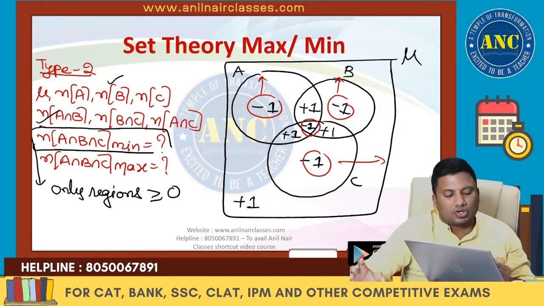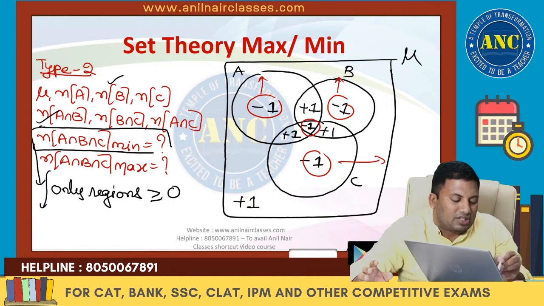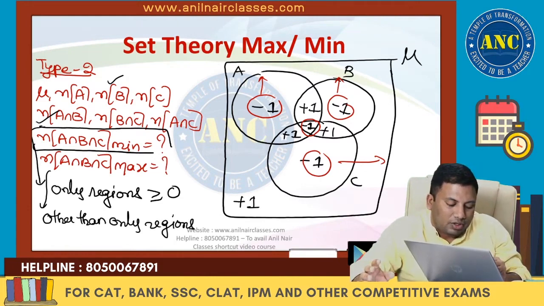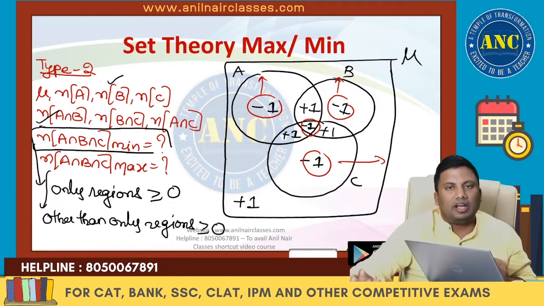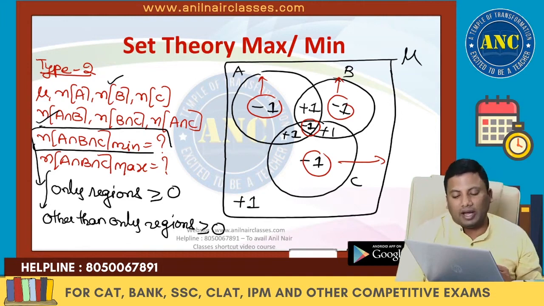If I want maximum, other than only regions, it should be greater than or equivalent to 0. I hope the idea is clear.